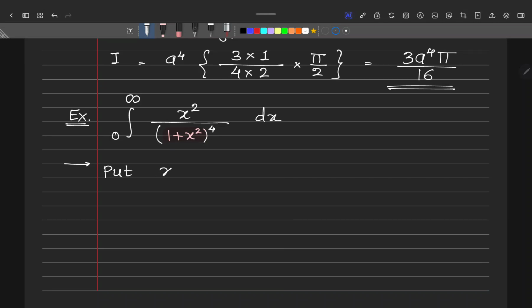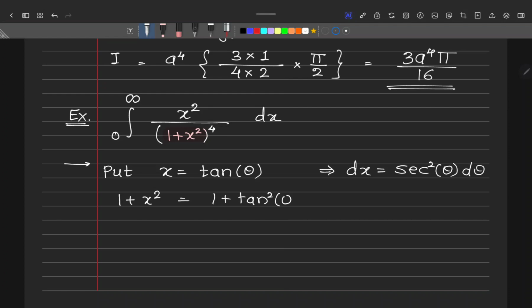For this case, we put x is equal to tan theta. Therefore, the value of dx will be the derivative of tan, which is sec square theta d theta. So the value of 1 plus x square will be 1 plus tan square theta, and 1 plus tan square theta is nothing but sec square theta.